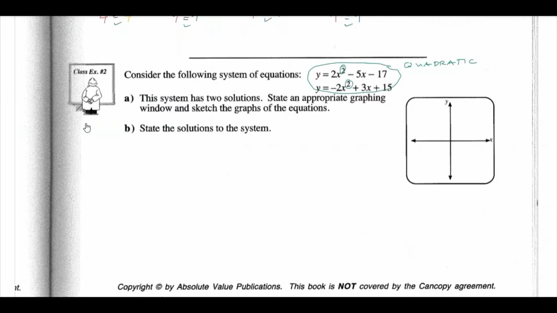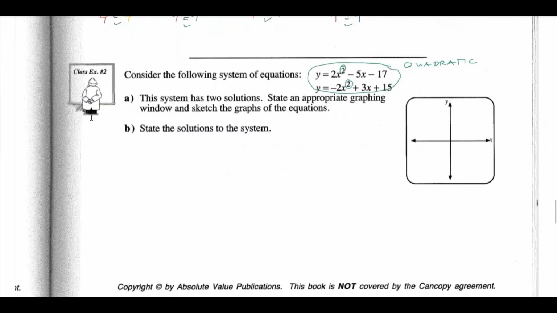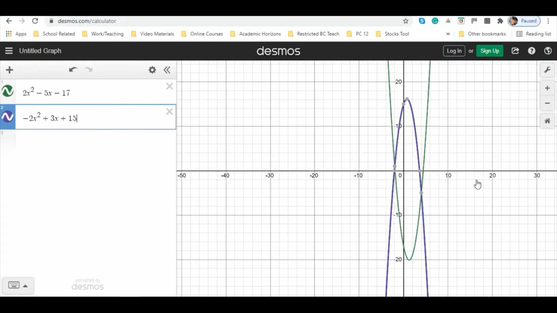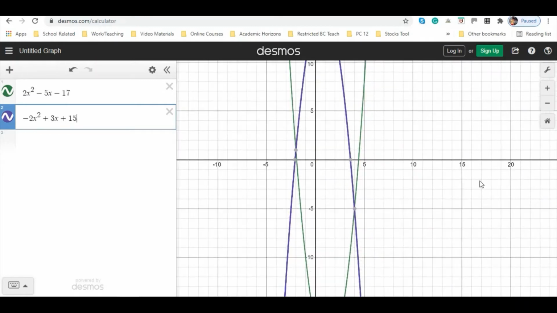The second one has an equation of negative 2x squared plus 3x plus 15. Okay, so again, the solution would be the point of intersection.